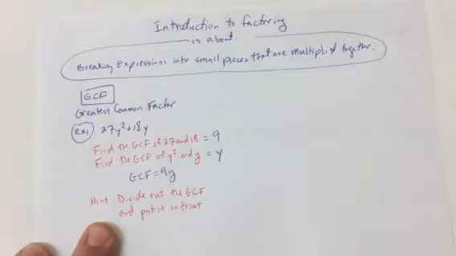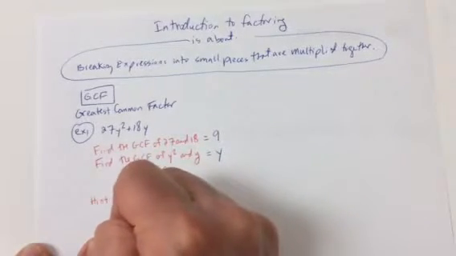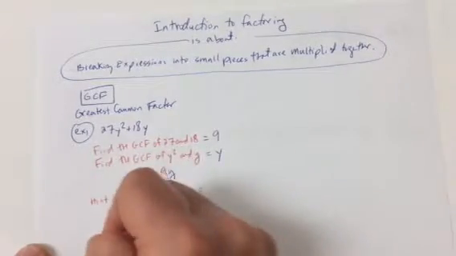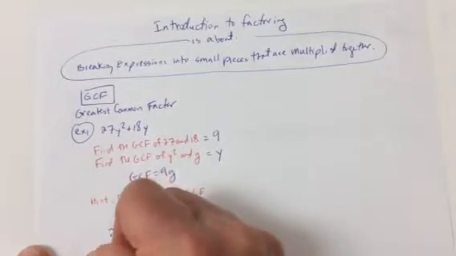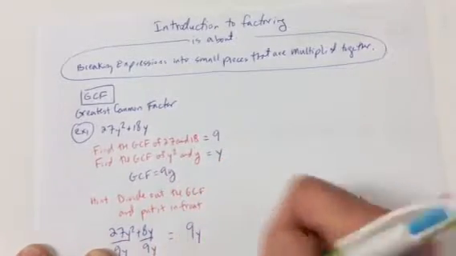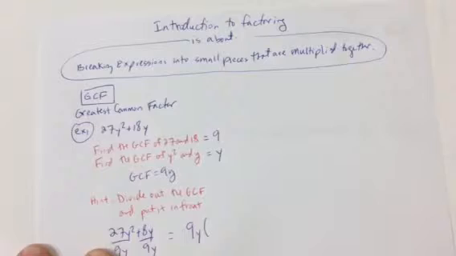So we have our 27y squared plus 18y. We're going to divide 9y out of each term. Then when we write our answer, the 9y is going to go in the front.